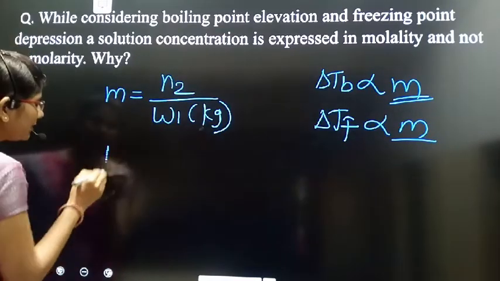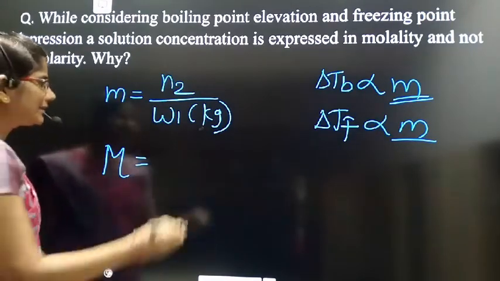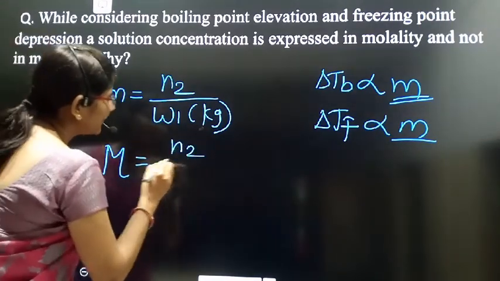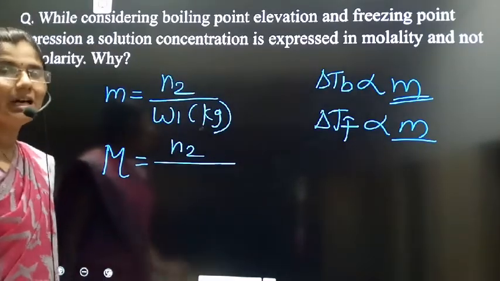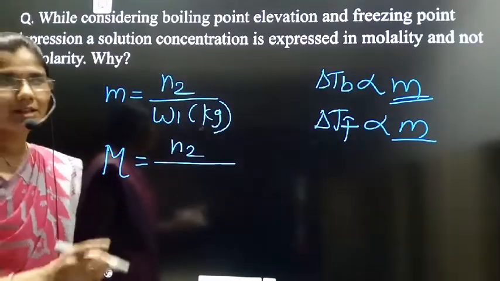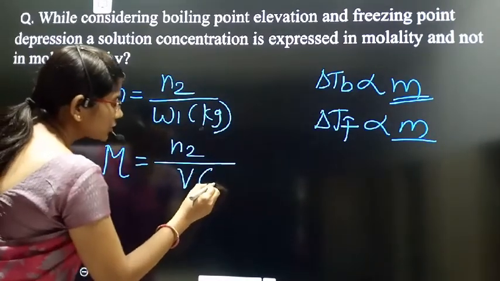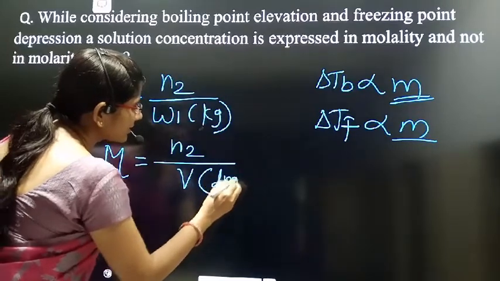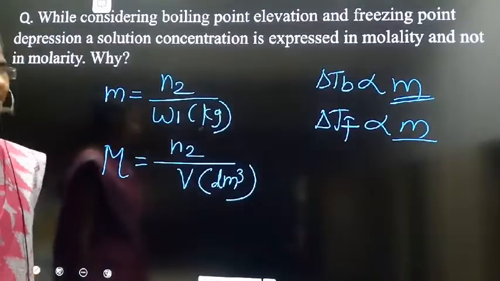And what is meant by molarity? Molarity is the capital M and it is equal to n2, that means the number of moles of solute present in 1 liter or 1 decimeter cube volume of the solution. So the volume of the solution is taken in decimeter cube or in liter.